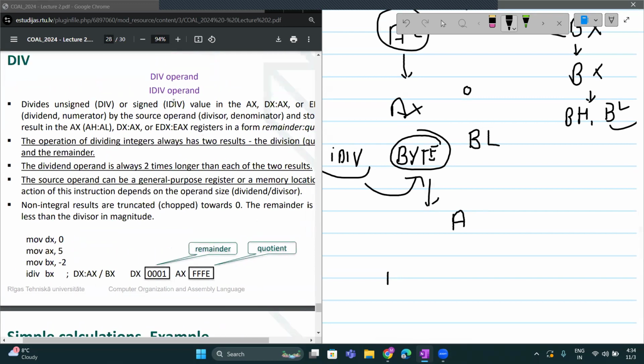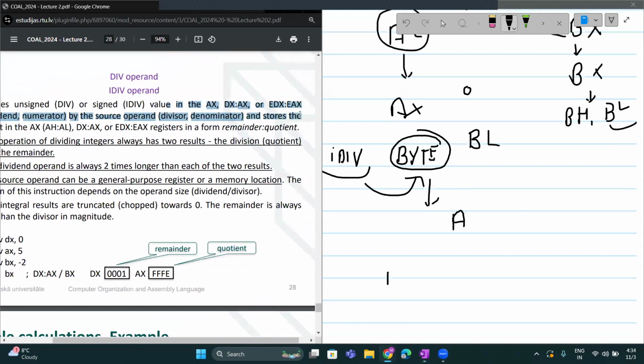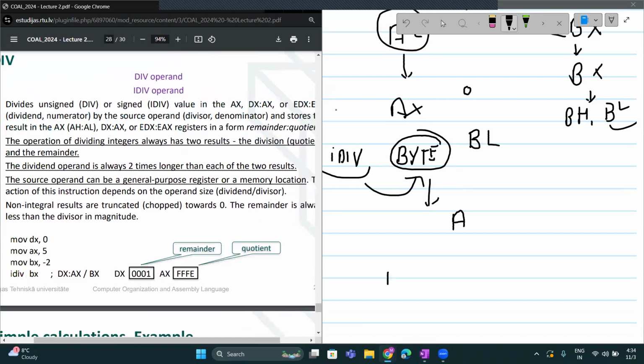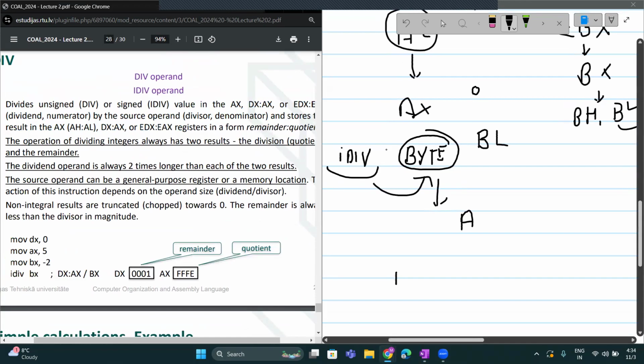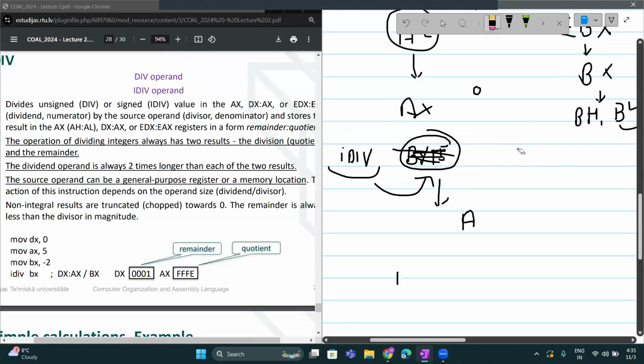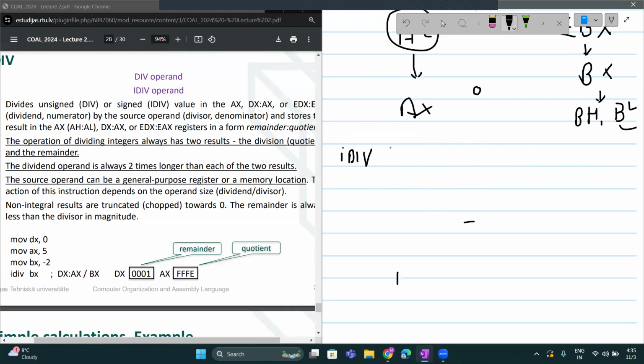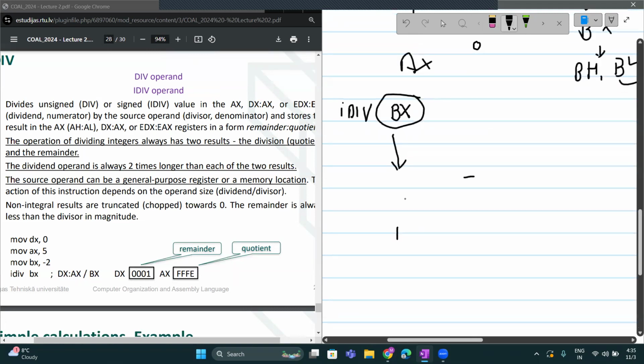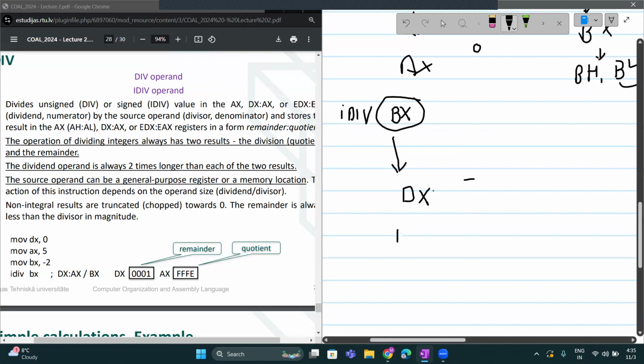Or actually, just divide AX by the source operand and store the result. Let's work with a word for a second. So if we want to divide by BX, which is a word, it will divide it with double the size, which is DX:AX.